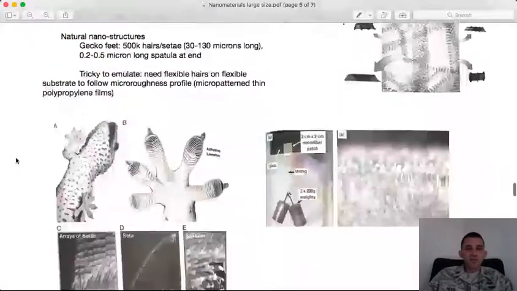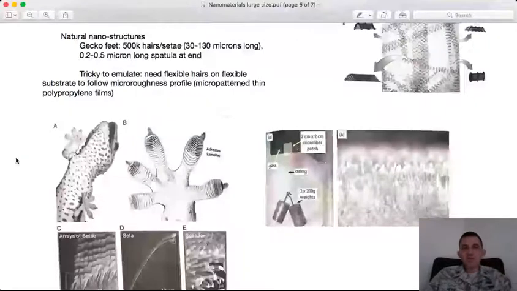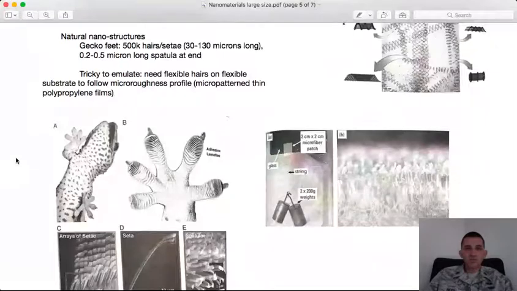There are naturally occurring nanostructures. A great example is gecko feet. Geckos can walk upside down on very smooth surfaces because their feet have ridiculous numbers of little hairs, shorter than our hairs are thick, and they have a little spatula at the end.